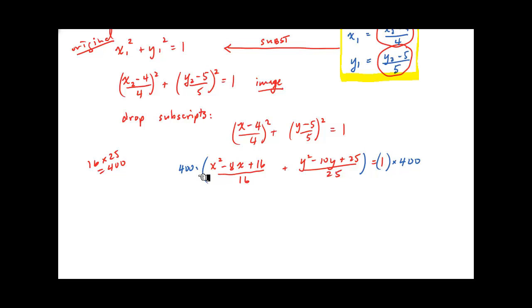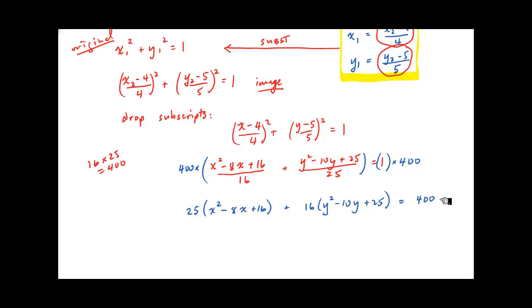And what that'll do is clear out the denominators. So when we multiply into the brackets, we're going to have 400 canceling with 16, and 400 divided by 16 is 25. So we'll have 25 multiplied by the first numerator, and then the 400 will multiply against the second fraction, and 400 and 25 cancel, giving 16. And 400 on the other side.